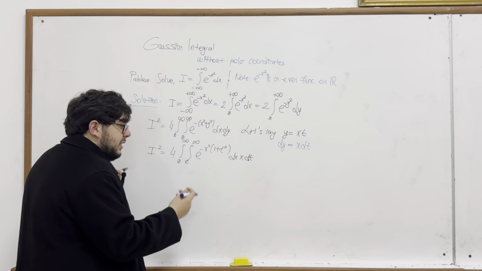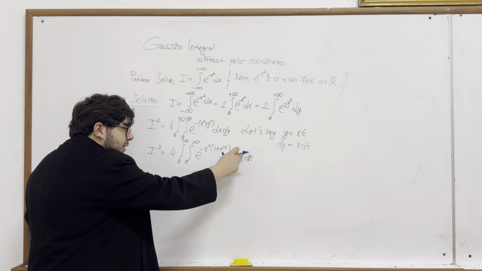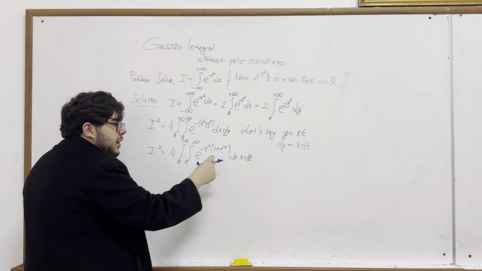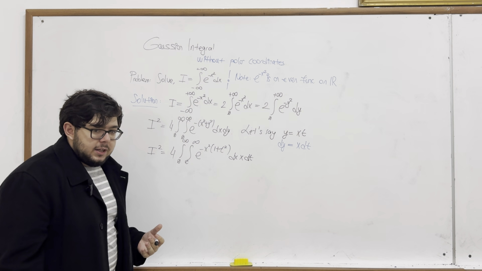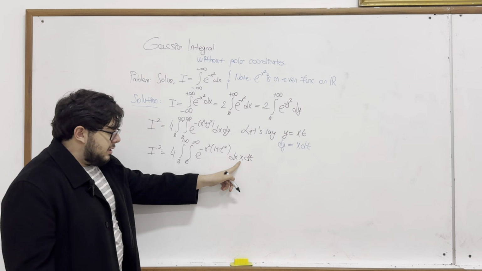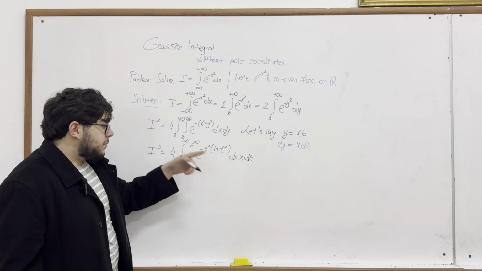What is that? This x is not in here, it's outside. If I can put this x in here, then the world will be a better place for us. But how can we do that? Actually, we can put this x in here. On what grounds?